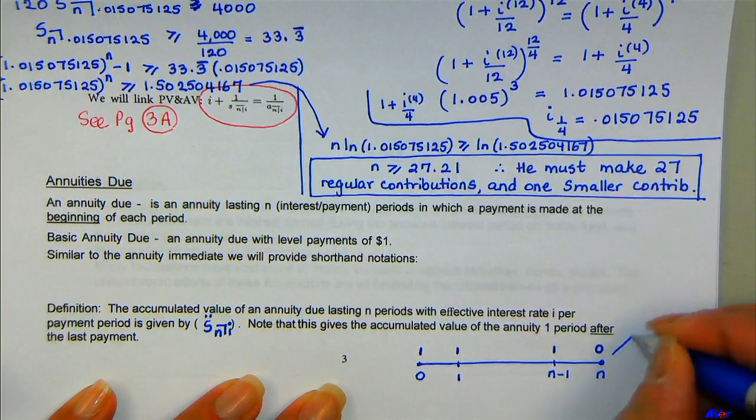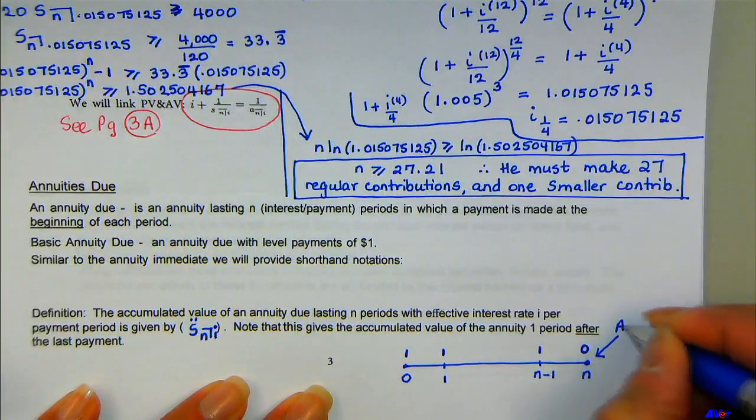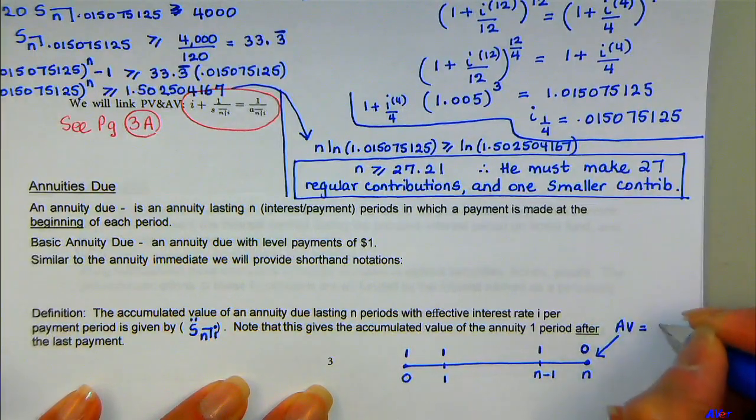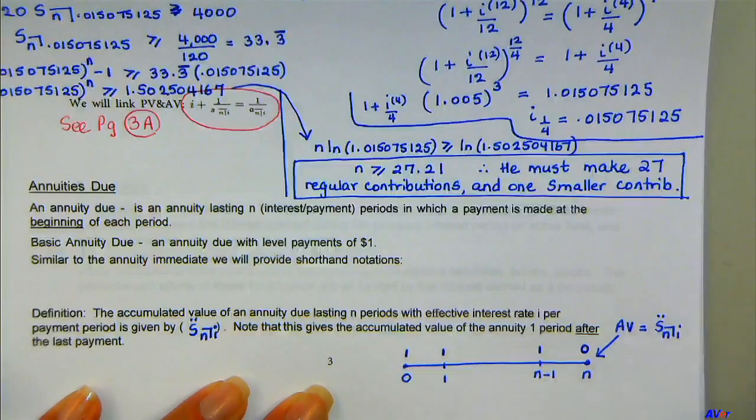And this accumulated value is equal to S double dot angle N at some interest rate I. So it's the accumulated value 1 period after the last payment. Whereas in the case of annuity immediate, let me show you that picture again.